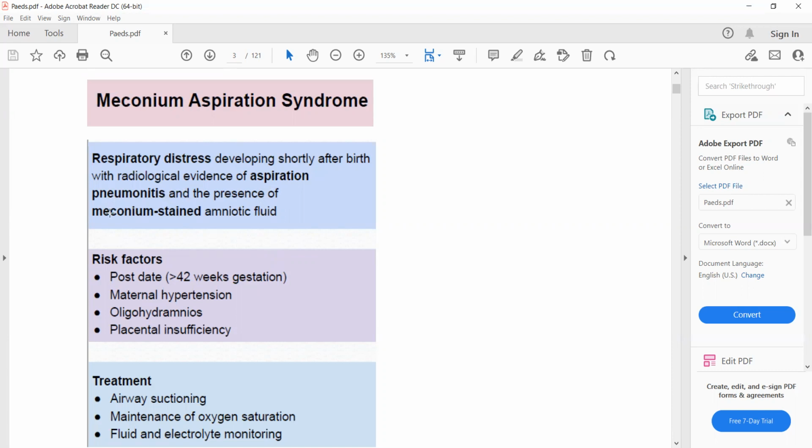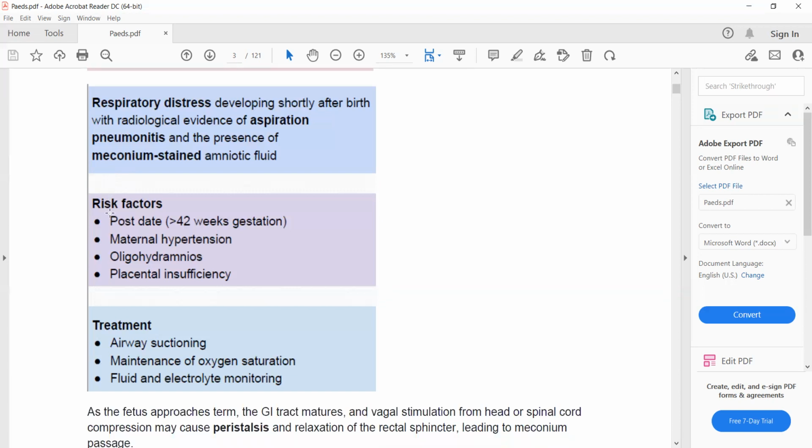So meconium stained amniotic fluid in a baby who is presented to you with respiratory distress, and he is a post-term baby, then your diagnosis will be meconium aspiration syndrome.